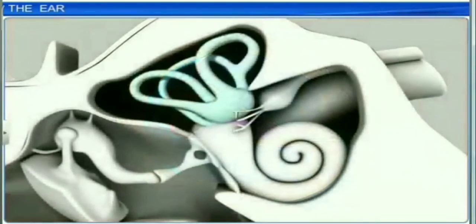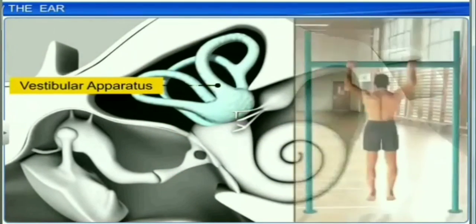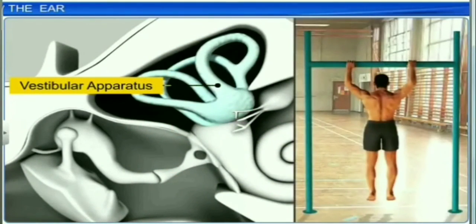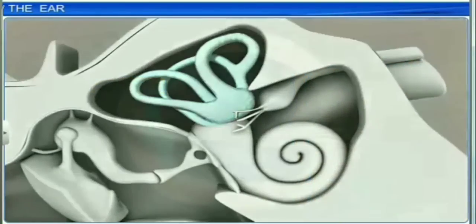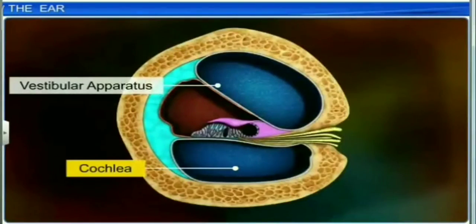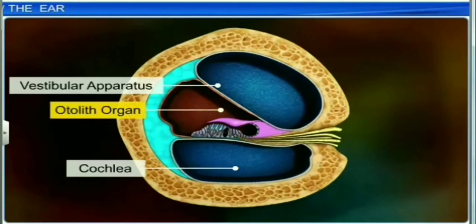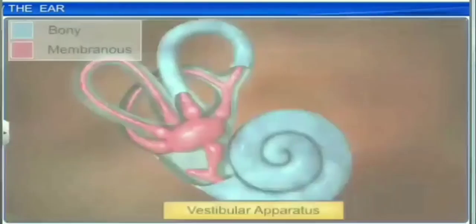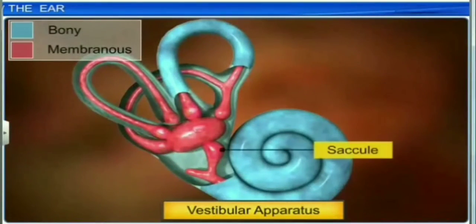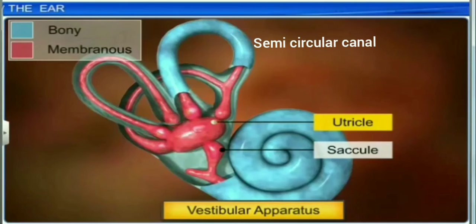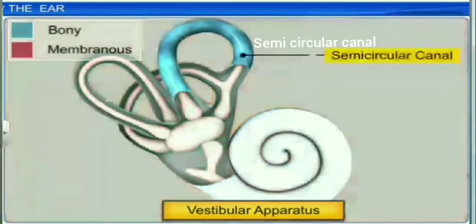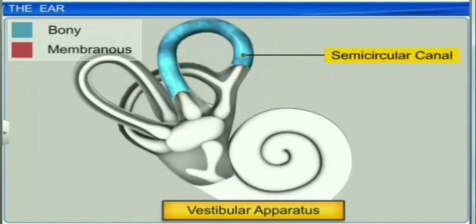Besides the cochlea, the inner ear also has a vestibular apparatus, which is composed of three semicircular canals and a utriculosacular region with otolith organ. These three semicircular canals lie in different planes at right angles to each other.